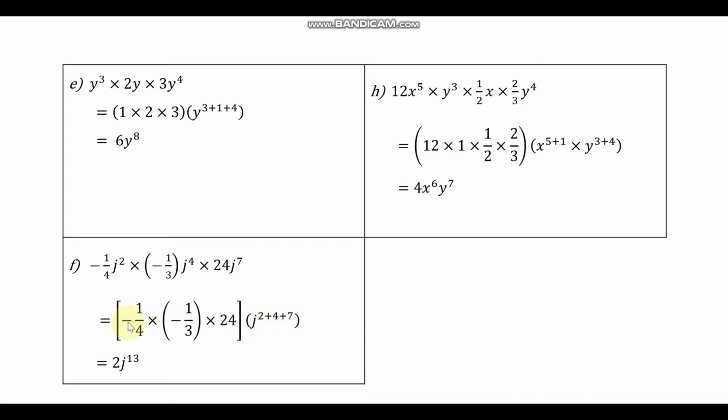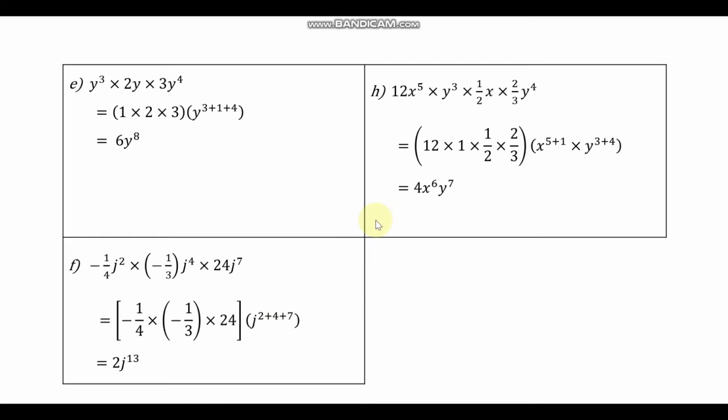First bracket we have negative 1 over 4 times negative 1 over 3 times 24. Close the bracket, start with the j. J here we have the powers of 2, 4 and 7, so we plus these three numbers together. And finally we got 2. The 2 here is from the first bracket, and j to the power of 13. 13 here is from 2 plus 4 plus 7.